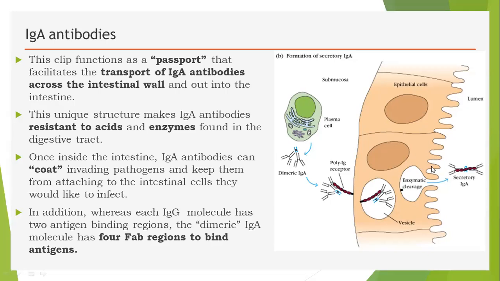Okay, and as I mentioned, this is due to its unique dimeric structure, where it has got the clip of the J junction here, which is very, very flexible, and also it has got a specific receptor component within this particular FC constant region that is able to easily penetrate, easily move through the epithelium into the area that it is needed most.